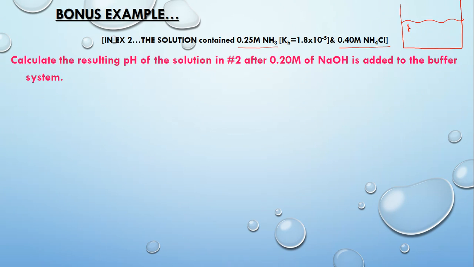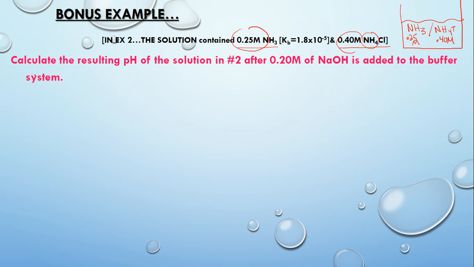Again, you have ammonia, NH3, and ammonium chloride, and from that the common ion is the ammonium ion. We're told we have 0.25 molar of the ammonia and 0.40 molar of the ammonium ion in this buffer system.